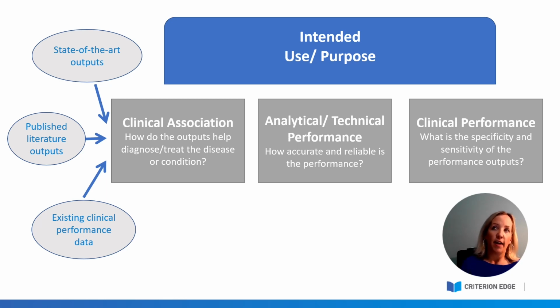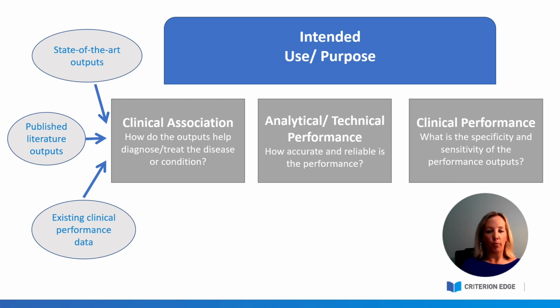So in that case, we want to examine what it is that we're after. How do we decipher what data is most appropriate and get right down to the data that proves the safety and effectiveness of the software? First, you want to examine the clinical association.